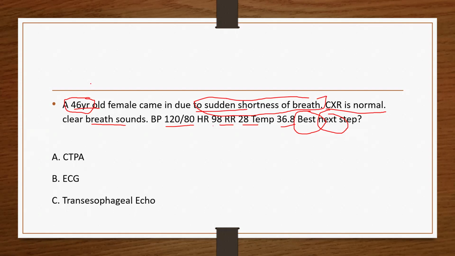Okay, so here, sudden onset shortness of breath in a 46-year-old, especially in a female, there's every possibility for you to think and exclude MI. So here the best next step should be excluding an MI, because if you skip that and go to CTPA, this might kill the patient.